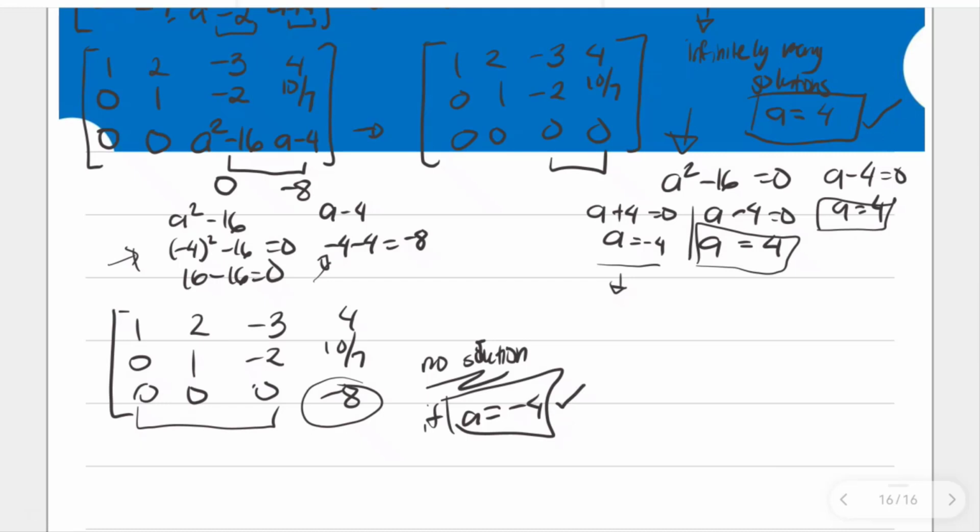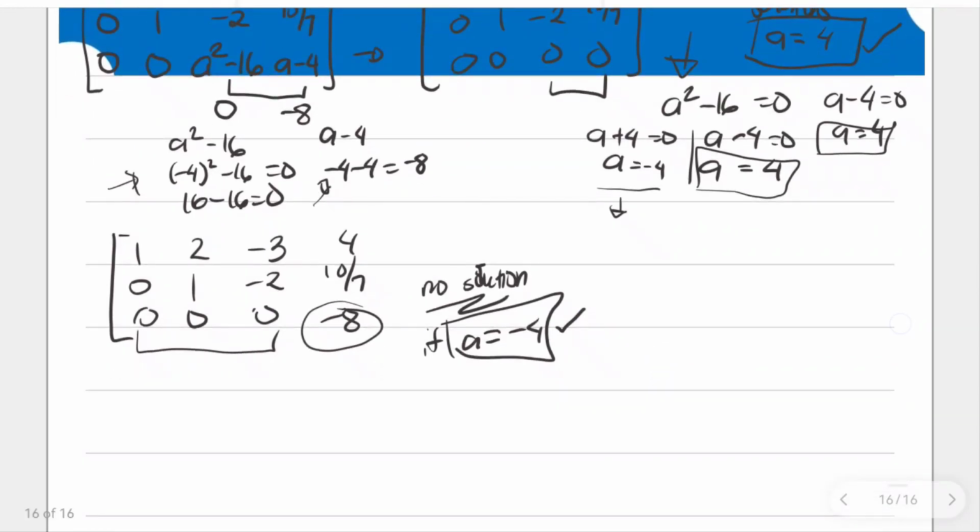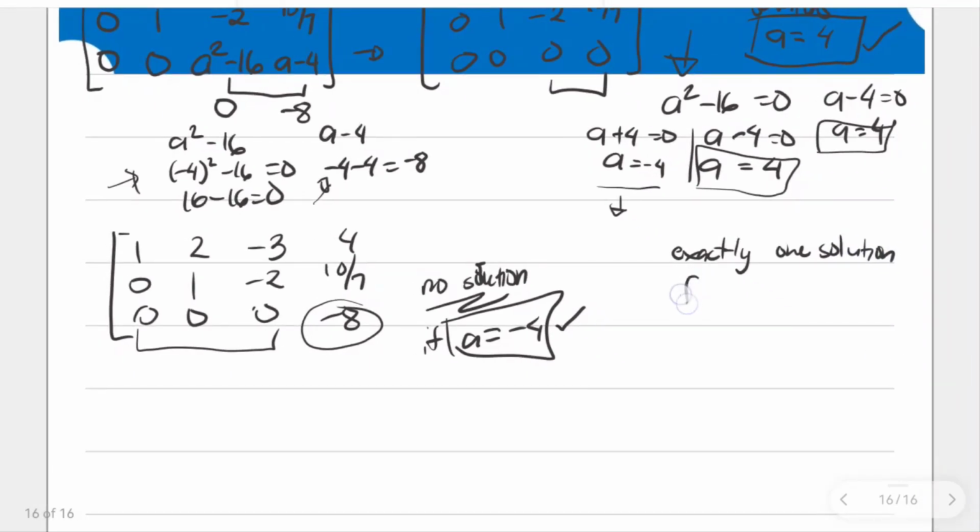And we are left with other values. So there can be exactly one solution for any value of a which is not equal to 4 and not equal to negative 4.